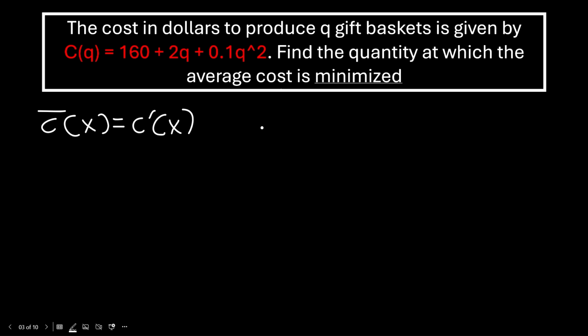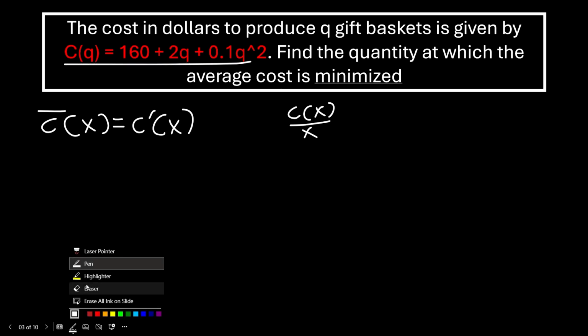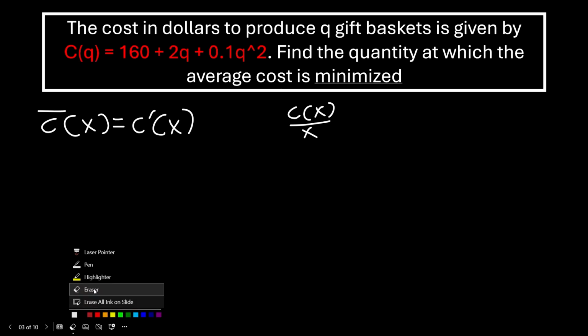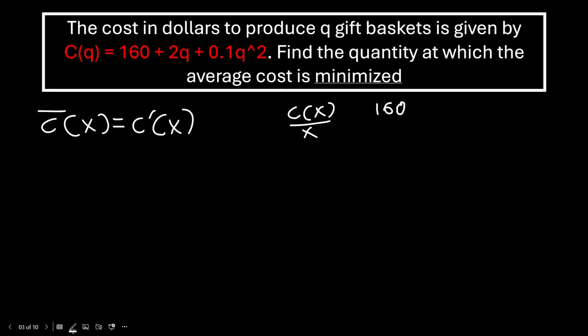And as seen in the last slide, it is the total cost divided by X. So then we just plug in our total cost into here to get 160 plus 2Q plus 0.1Q squared divided by Q.